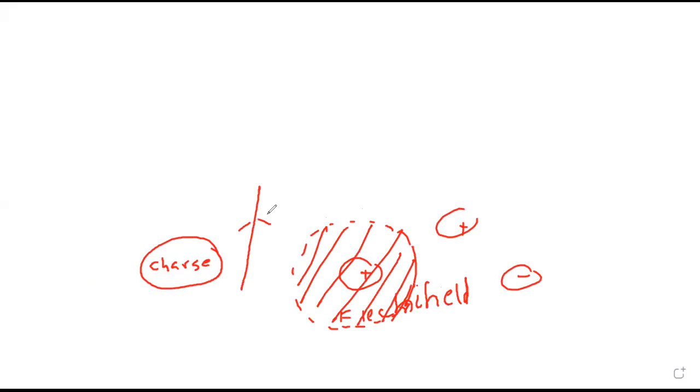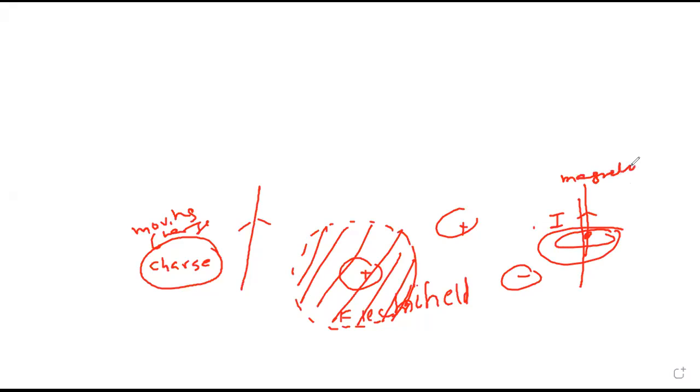What is moving charge called as? Current. Correct. So moving charge is current. If it is stationary, it will give electric field. If it is moving, it produces current, and whenever current moves, we get magnetic field also.